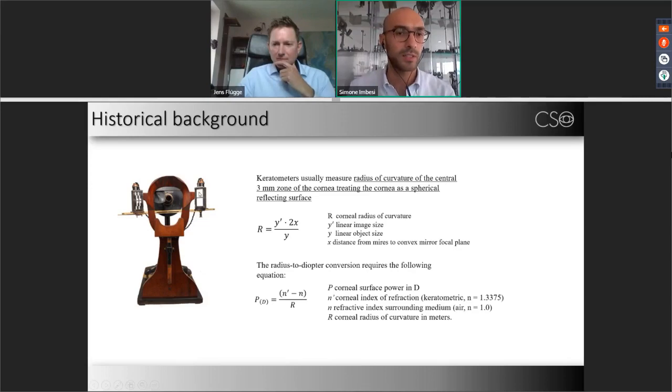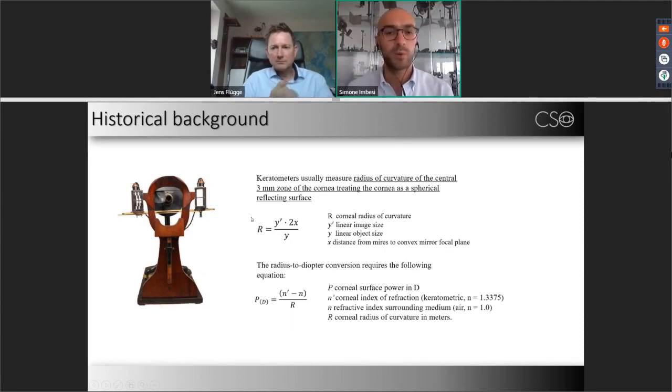The only thing that we need to know is the height of the images of the mirrors reflected by the cornea, and the distance between these mirrors. These devices were able to provide corneal curvature in millimeters and in diopters thanks to this relation.